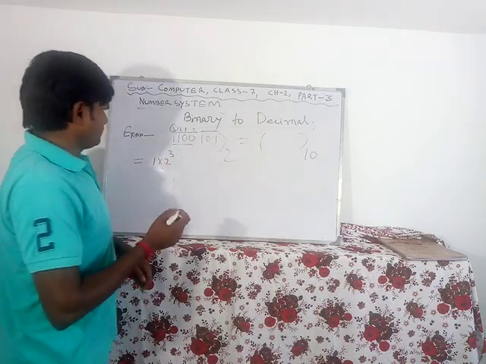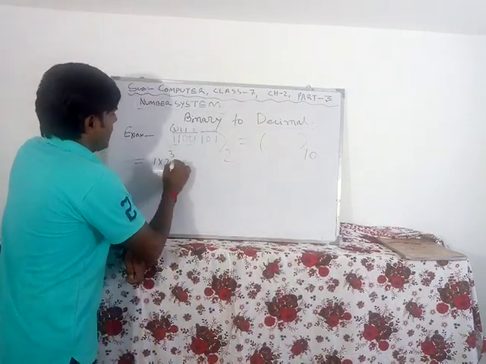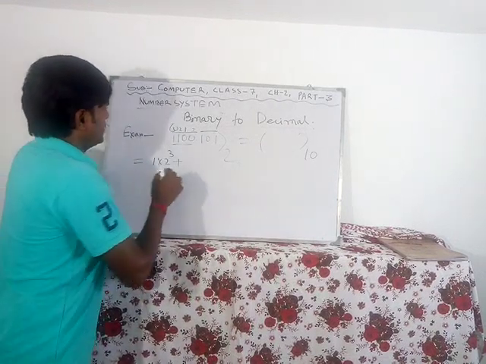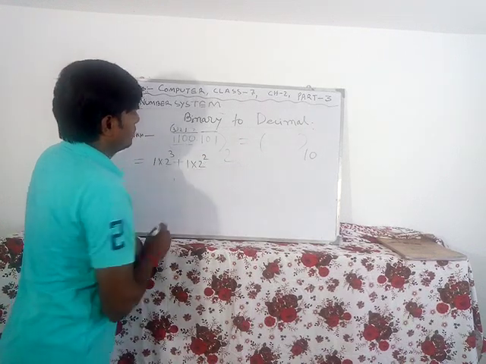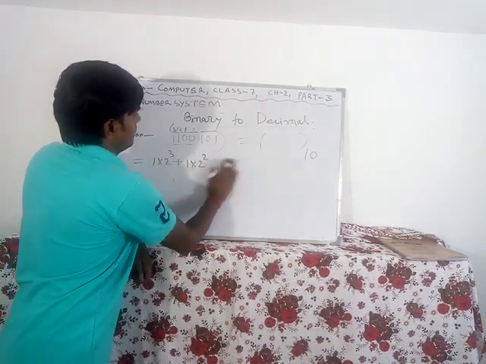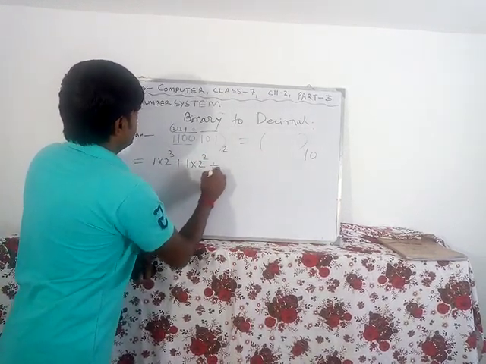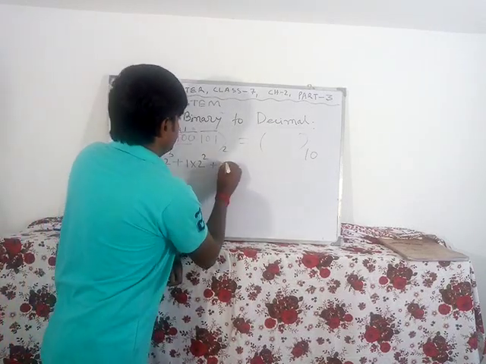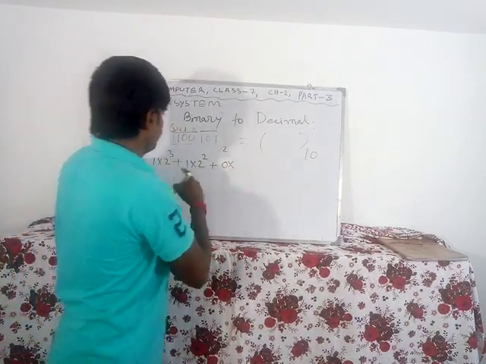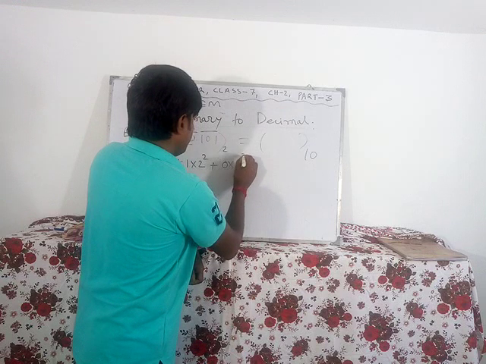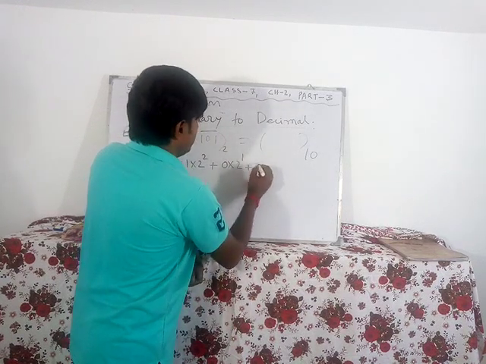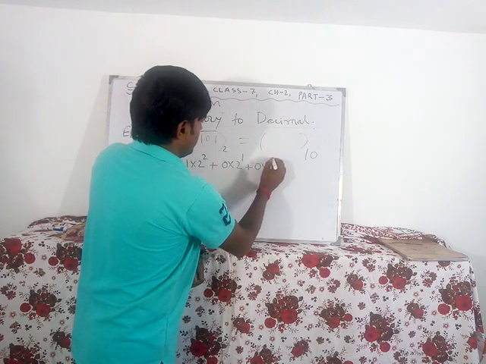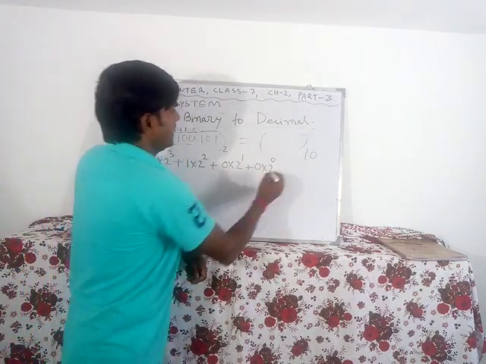Next plus 1 into 2 power 2, plus 0 into 2 power 1, plus 0 into 2 power 0. Then the point is there.